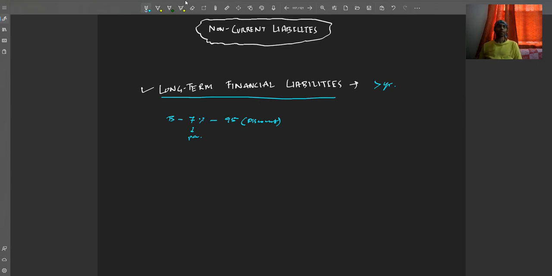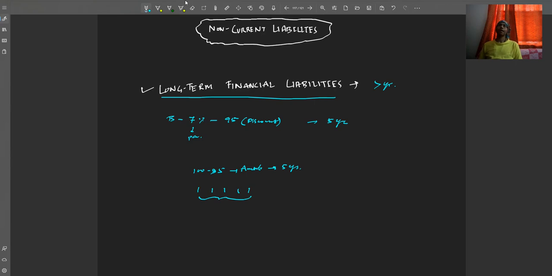Let's understand. Let's say the maturity of the bond is 5 years. So this 100 minus 95 will be amortized over the period of 5 years. So let's say 5 years, 1, 1, 1, 1, 1. This is the way this will be pulled to par by the maturity.